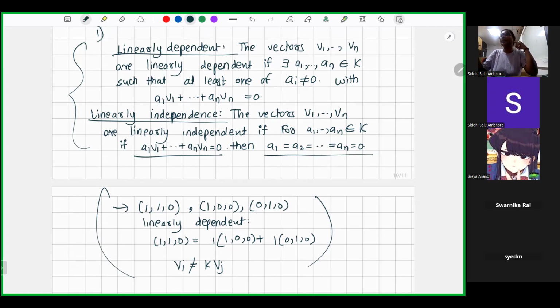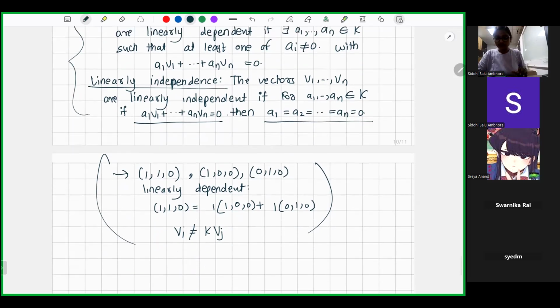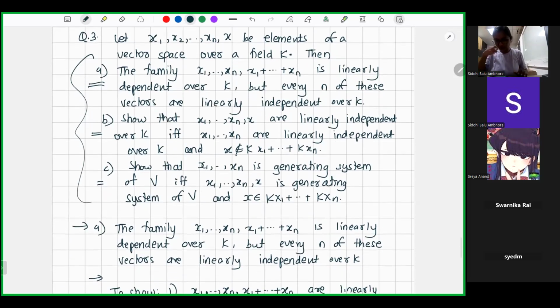Logically, at least one could be anything: all of them could be non-zero, one of them, or two of them, and we do not care. But at least one of them should be non-zero. That's my condition for something to be linearly dependent. Okay, so that's what we need to find and work on.